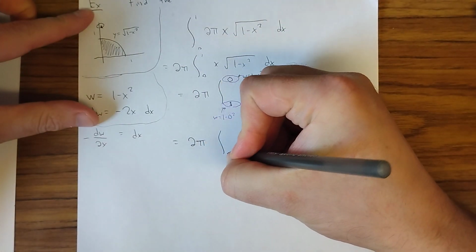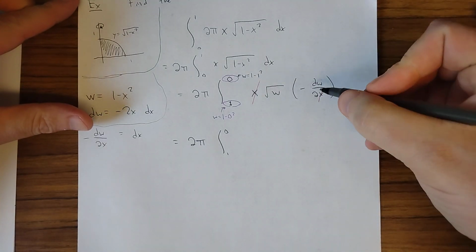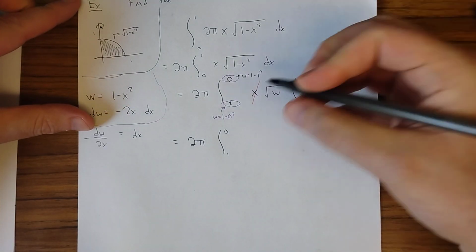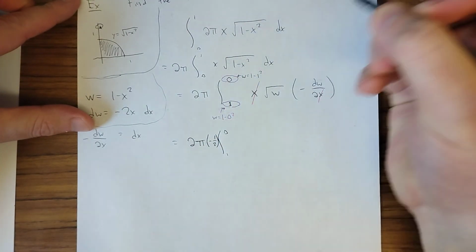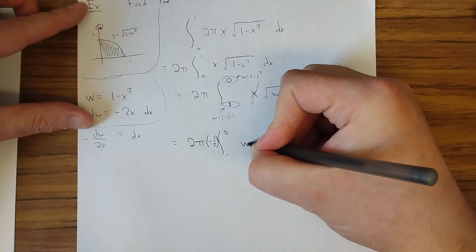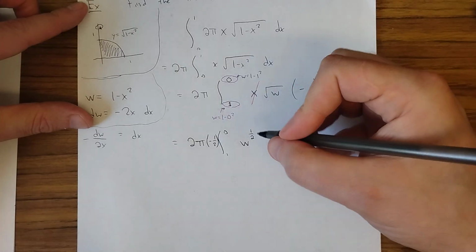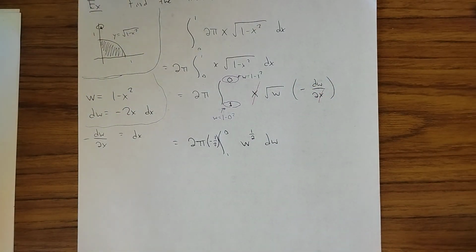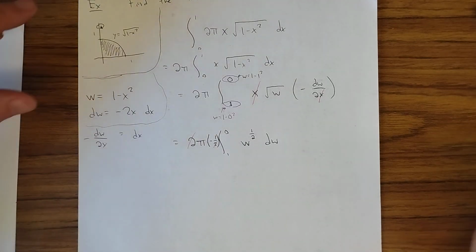2 pi, actually, so I've got a negative 1/2 here. I can pull that out. And then what I have here is a square root of w. Since I am doing calculus, I'm going to prefer to write w to the 1/2. And then I think I took care of everything. All right. 2's cancel.